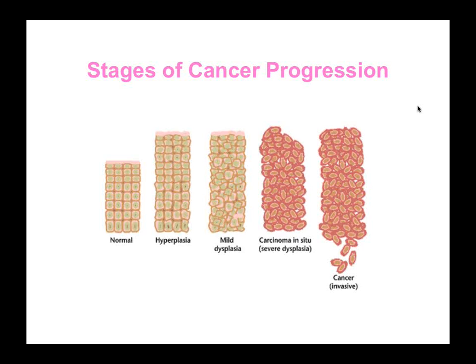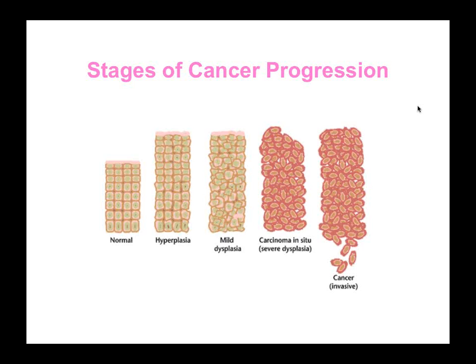Then again, as things progress further, the cells can actually become cancerous, but if they are all within the site that they originated, that is a situation that we describe as carcinoma in situ. It is confined to the place of origin, and so is non-invasive.